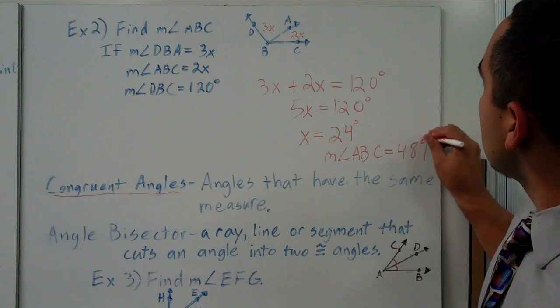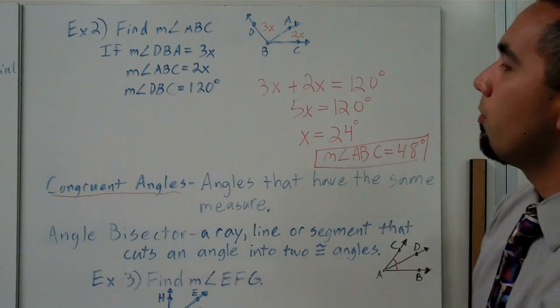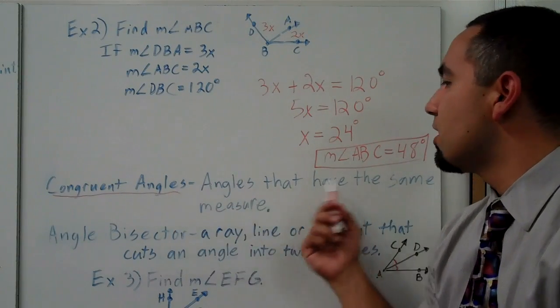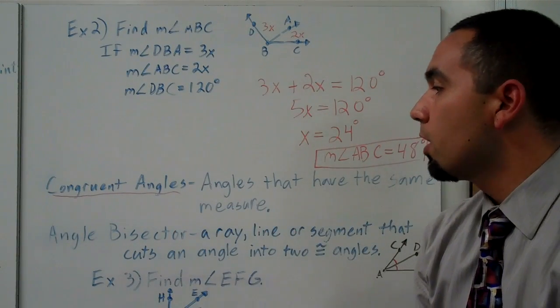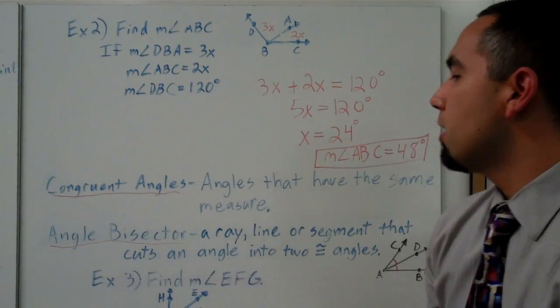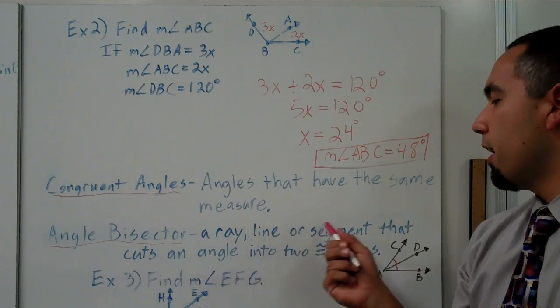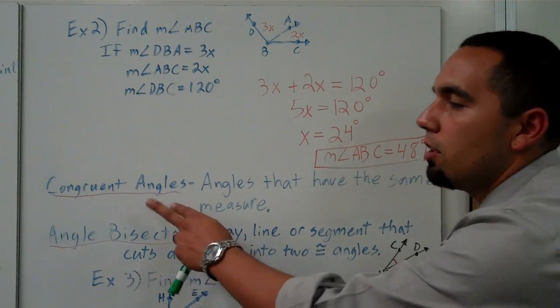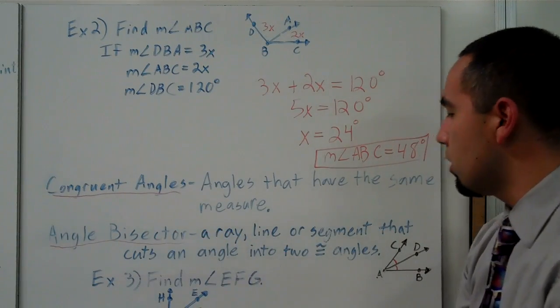We also have congruent angles. Congruent angles are angles that have the same measure. We also have angle bisector. An angle bisector is simply a ray, line, or segment that cuts an angle into two congruent angles. So these two definitions kind of go together with each other.